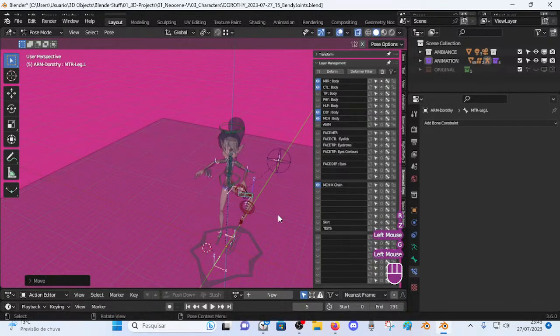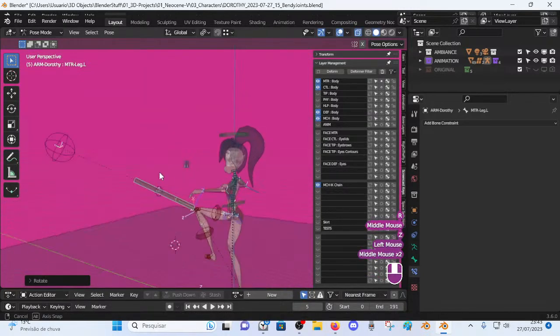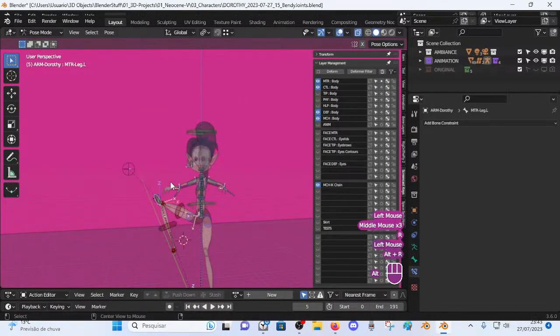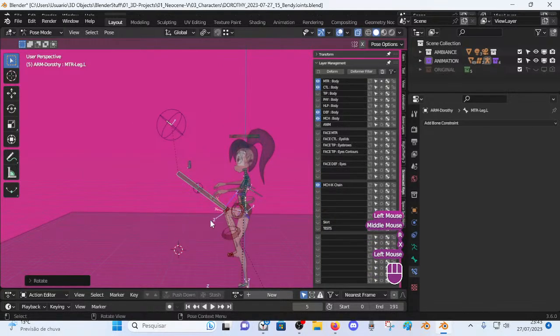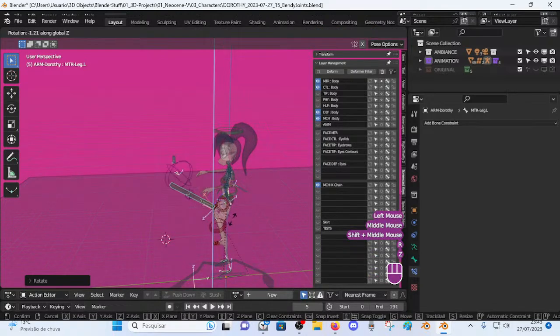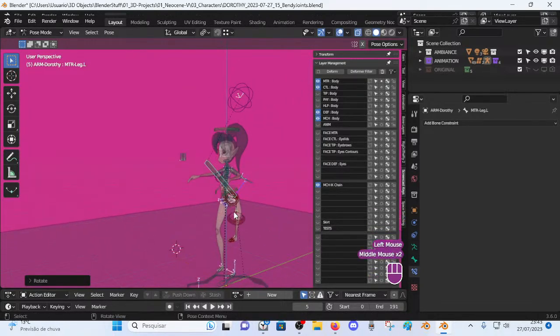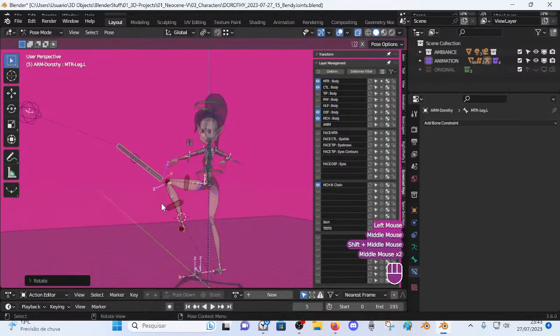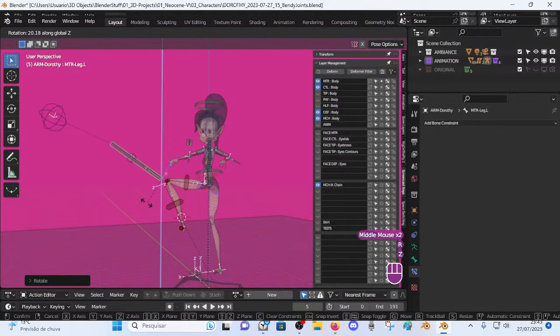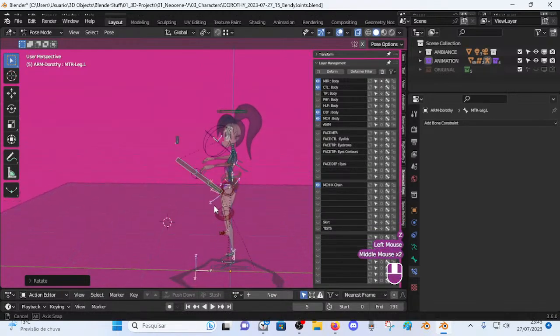Let's look for the other. Yeah, I should be careful about some rotations though. What's happening here on this angle? It's hard to see.